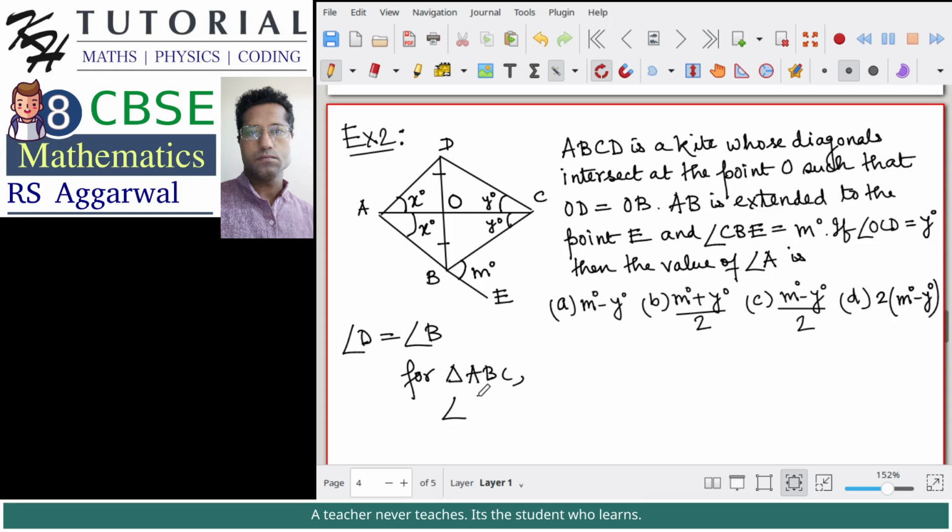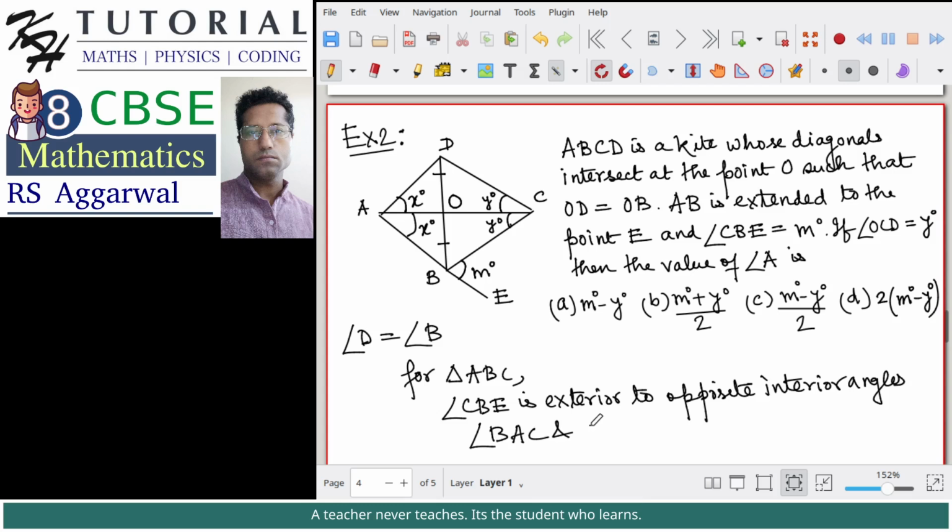Angle CBE is exterior to the opposite interior angles, angle BAC and angle ACB.